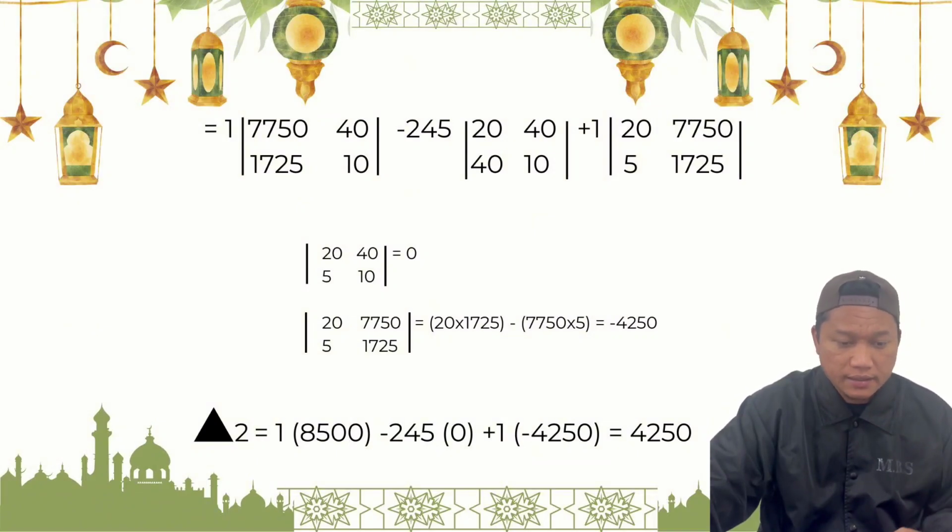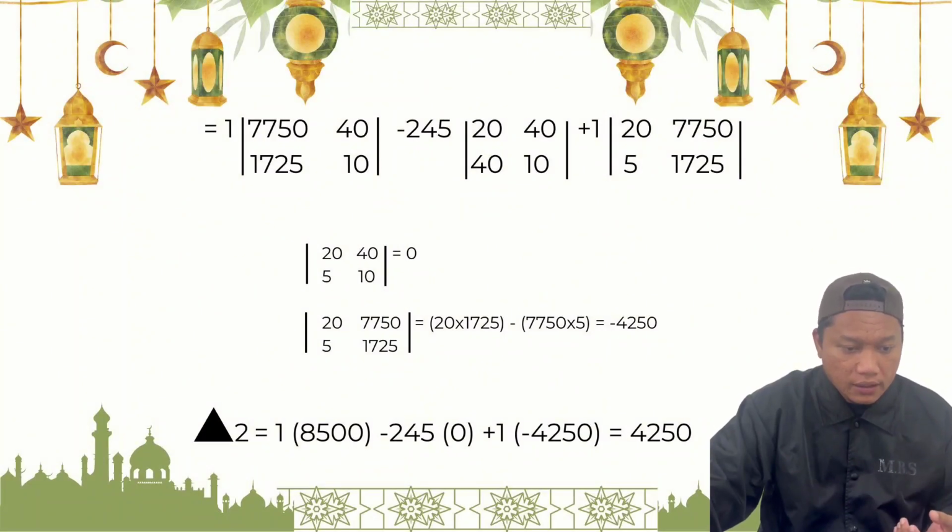Third determinant [20, 7,750; 5, 1,725]. Multiply 20 by 1,725, then subtract the product of 7,750 by 5.